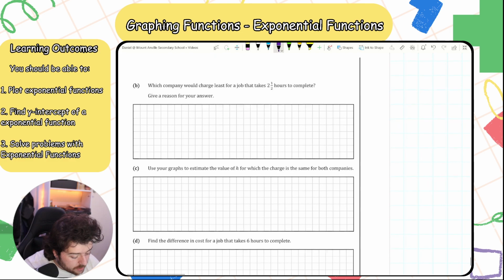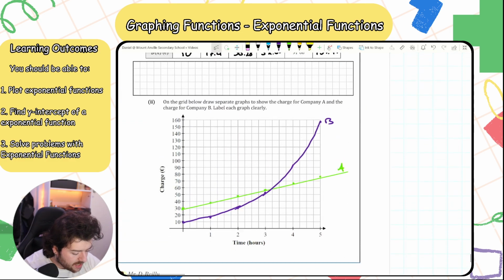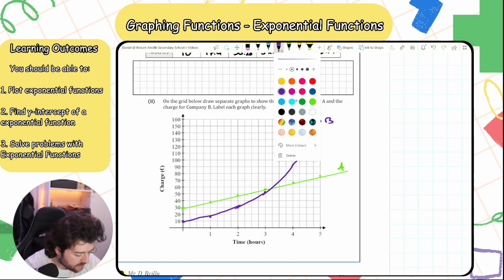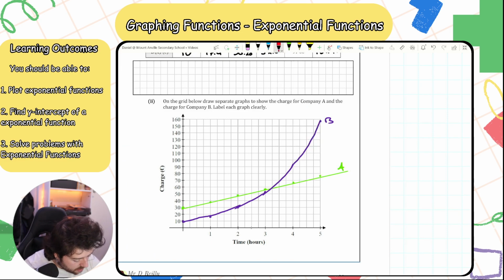So, which company would charge least for a job that takes 2.5 hours to complete? They love saying 2.5, don't they? They always put 2.5 in. So go 2.5, go up. So if you see here, company B charges like €40, and company A charges like 50. So who's cheaper?